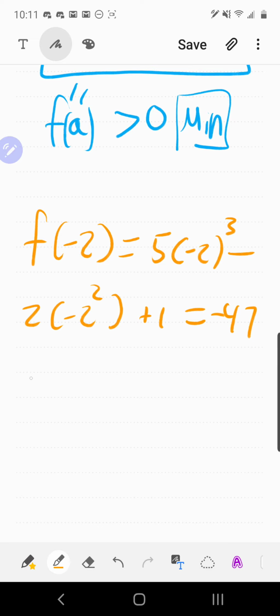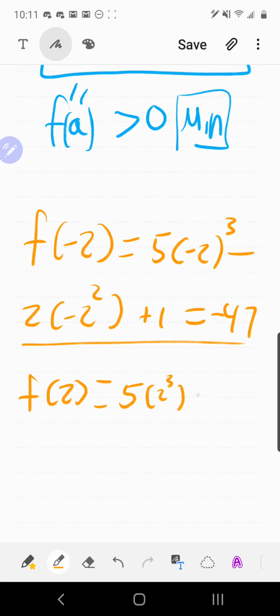Okay, so now let's check f of 2. This is 5 times 2 cubed minus 2 times 2 squared plus 1, that's 33. All right, so we have those two.